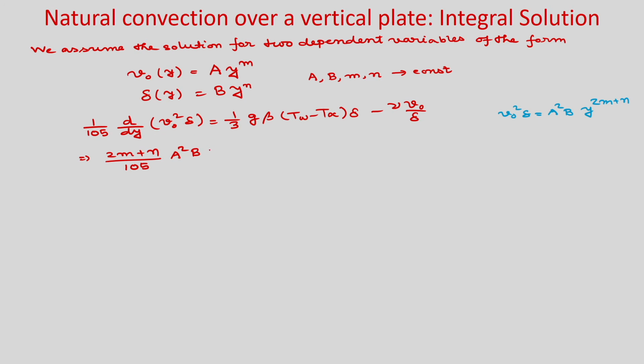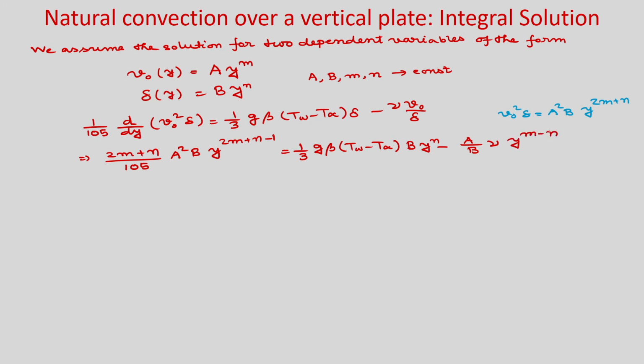And you will get y to the power 2m plus n minus 1. Okay. The buoyancy term g beta (T w minus T infinity) delta, okay, so it will be b y to the power n minus v naught by delta. Okay. So, it will be a by b nu y to the power m minus n.